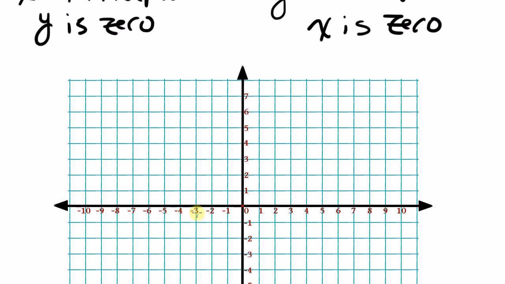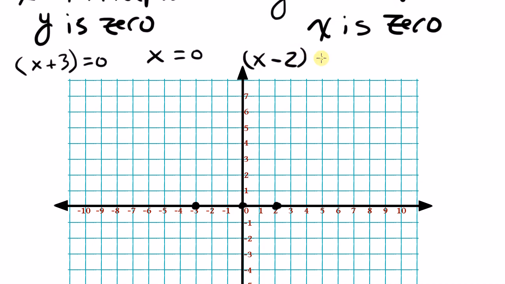So if x plus 3, x minus 2, x equals 0. So we had x plus 3 equals 0, and we had an x minus 2 equals 0.